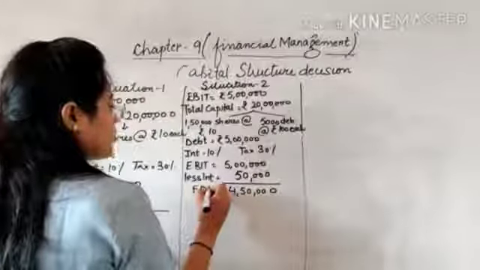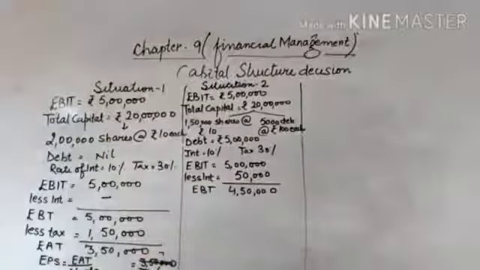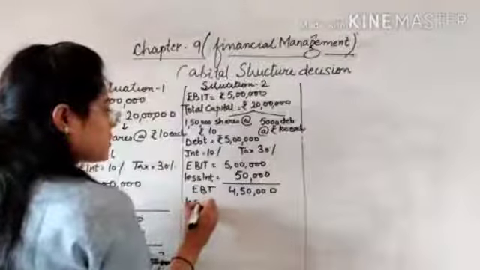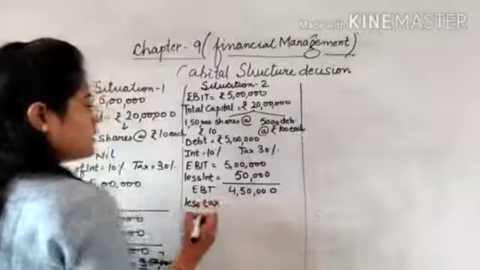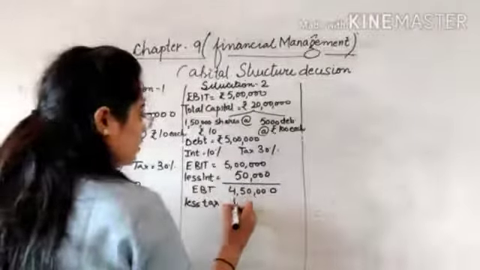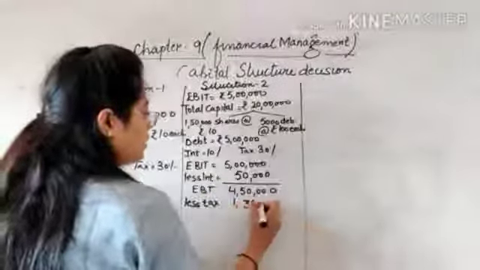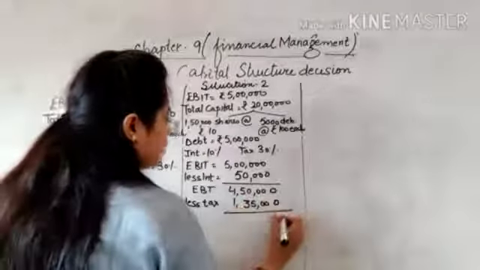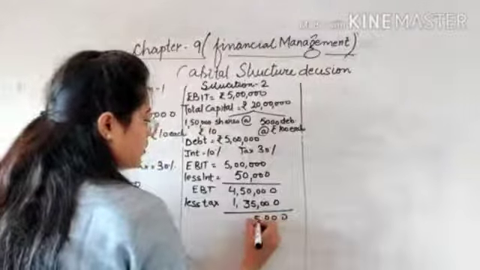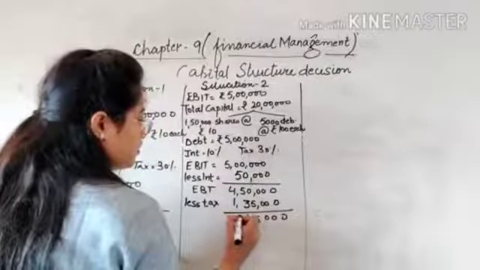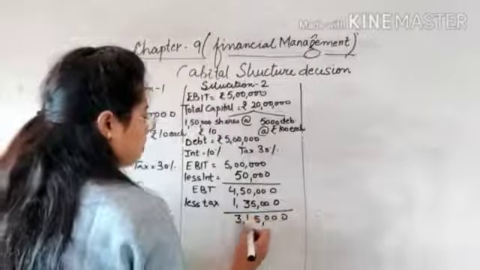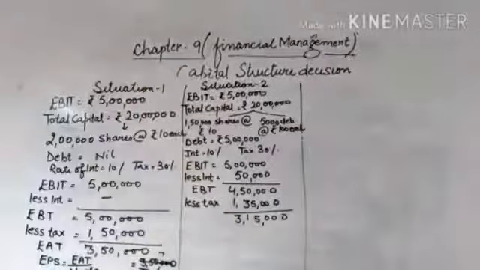EBT is 4 lakh 50,000, less tax at 30%, 1 lakh 35,000, it is 3,15,000.